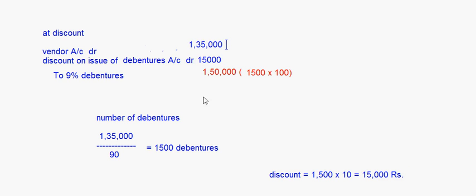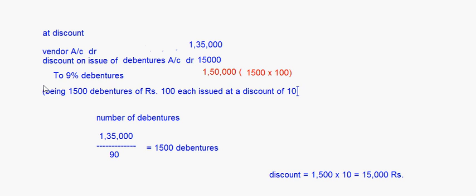So the debit side total is 1,35,000 and 15,000, 1,50,000. Fine. So this is 1,500 debentures of rupees 100 each, issued at a discount of 10%. This is the entry.